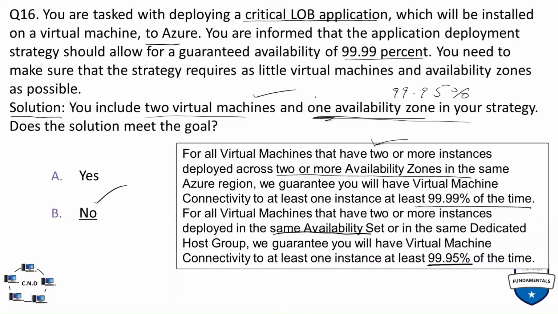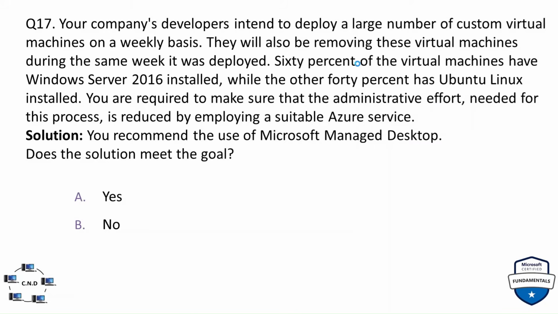While if your resources are deployed in two availability zones, then you have the availability of 99.99%.